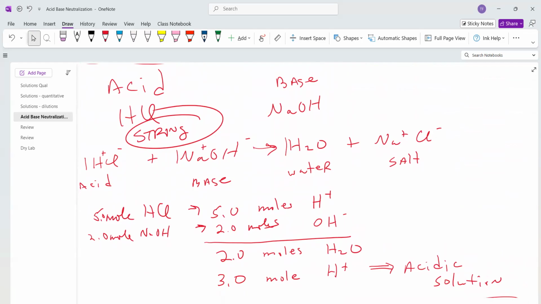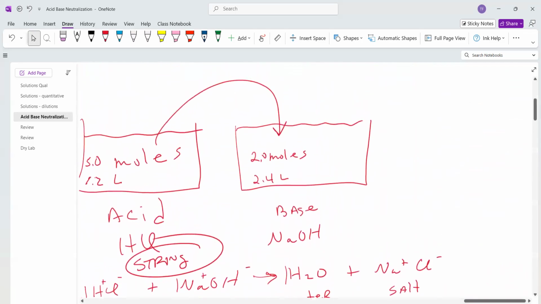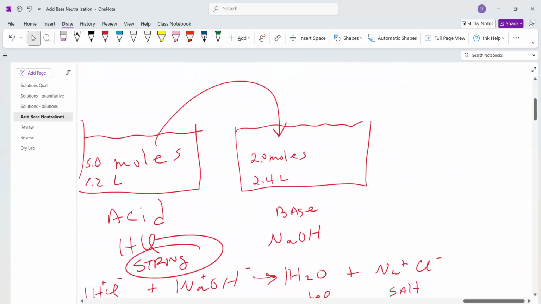How many moles of acid do we start with? Excuse me, 5 moles, yeah. It's 2 moles of the base. 5 moles of acid. Okay, how many moles of Cl comes from 5 moles of acid? 5, this is 1 to 1.